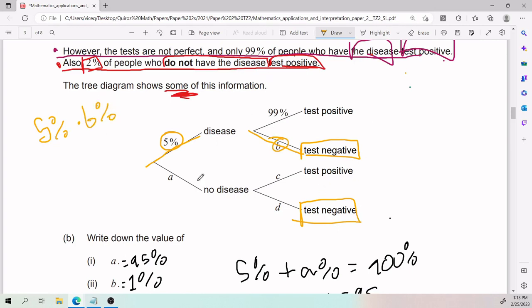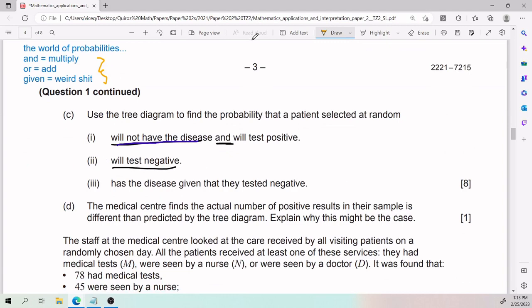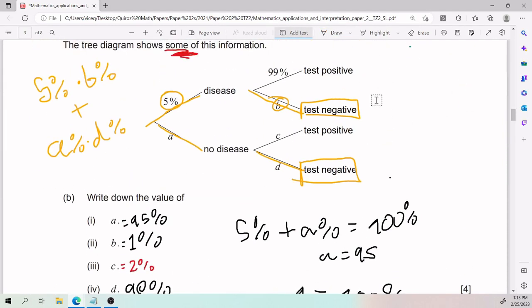And for the second one, we are going through test negative and no disease. So we're going through A percent times D percent. And I add both. I'm going to go over in a second why you're adding both. So remember when I said that and is multiply and or is add? Well, if you will test negative, then there are two options, right?